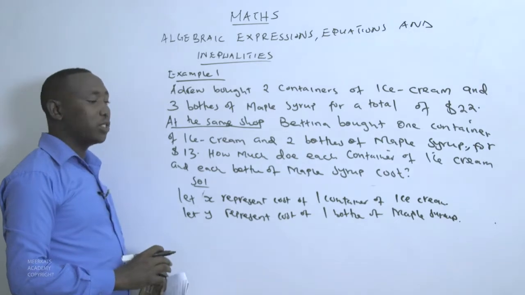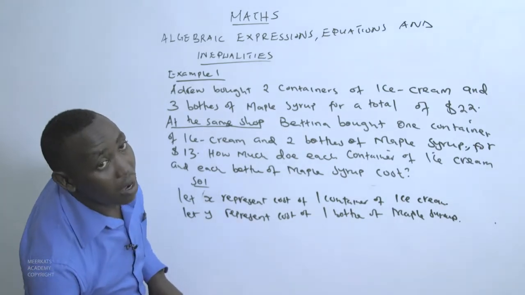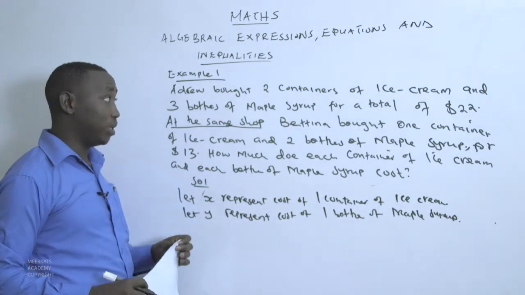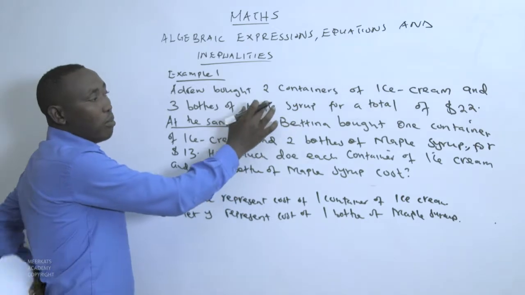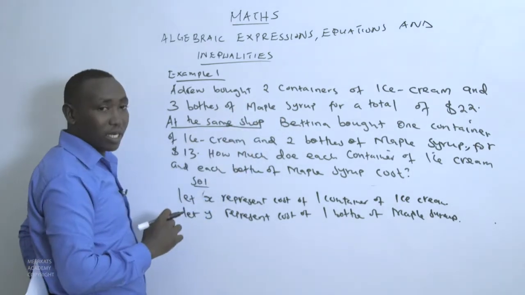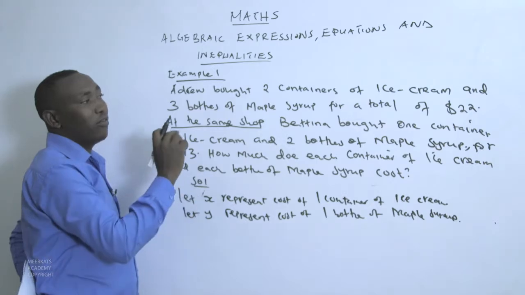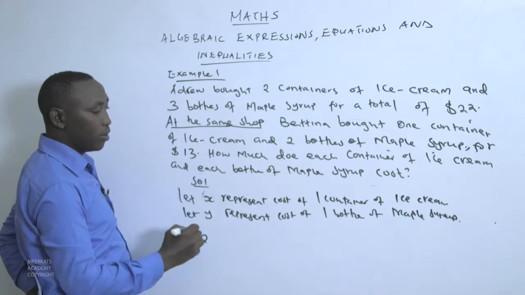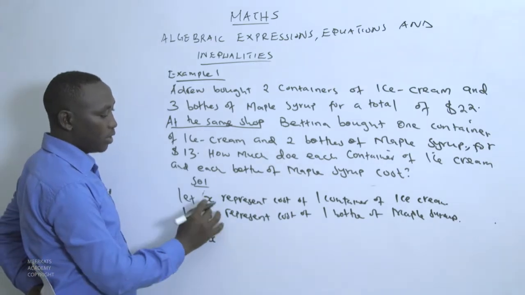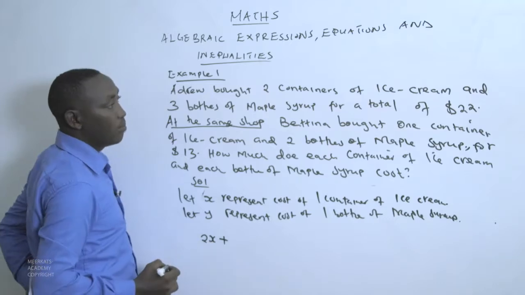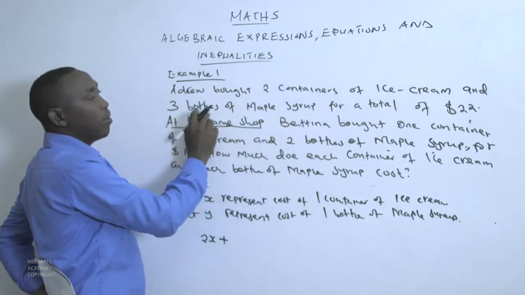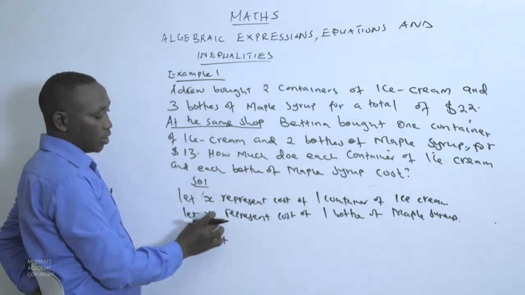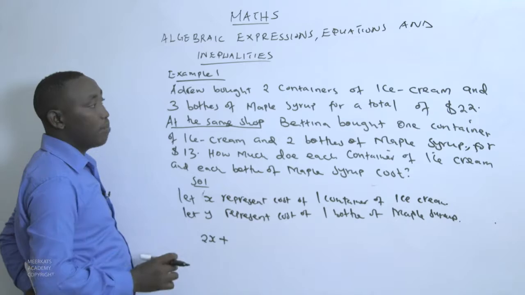Step number 2, we need to come up with a pair of simultaneous equations to represent this particular problem. We have been told that Andrew bought 2 containers of ice cream. That means the total cost for ice cream that Andrew spent was 2 multiplied by the cost of each container of ice cream, which is x, plus he also bought 3 bottles of maple syrup, and the cost of 1 bottle of maple syrup is y.